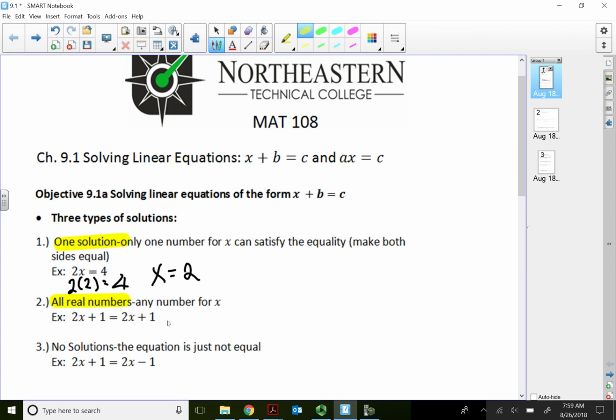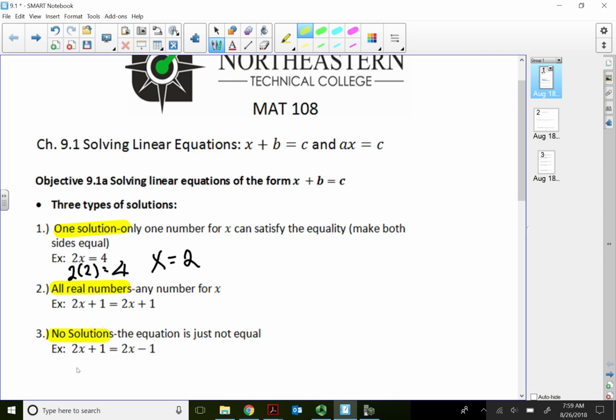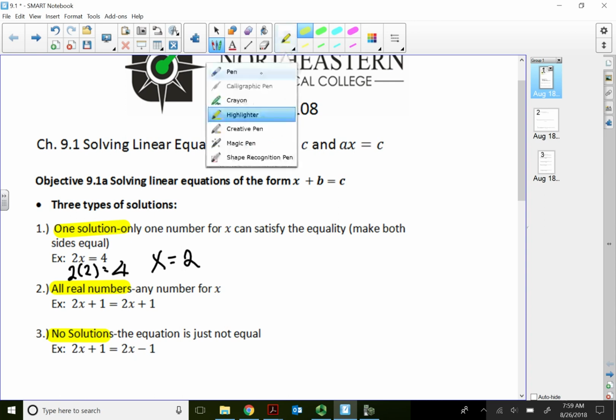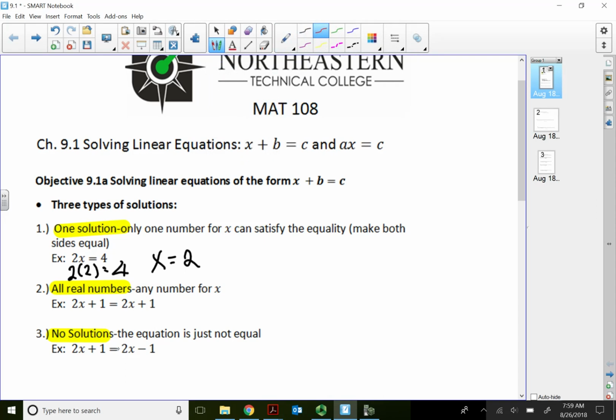And sometimes we might run into the situation where there's no solution. No solution means you cannot find a number for x to substitute into the equation to make the left side equal to the right side, because the left side is just not equal to the right side.